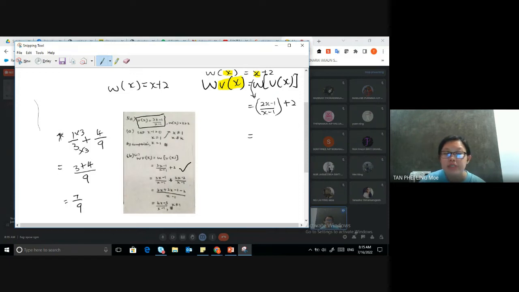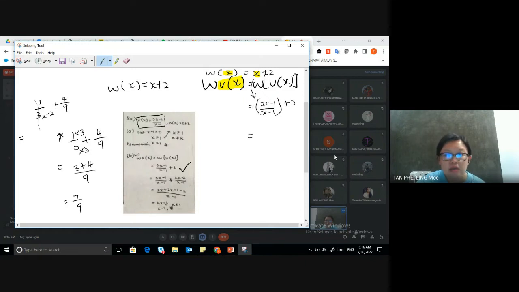Same thing here. If I change it now to 1 over 3x minus 2 plus 4 over 9, it's the same case as this one, but now I have added in the unknown. So we're going to do exactly the same.